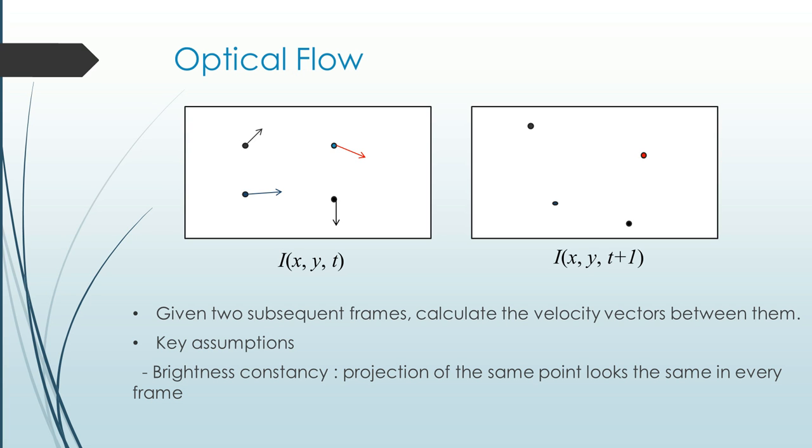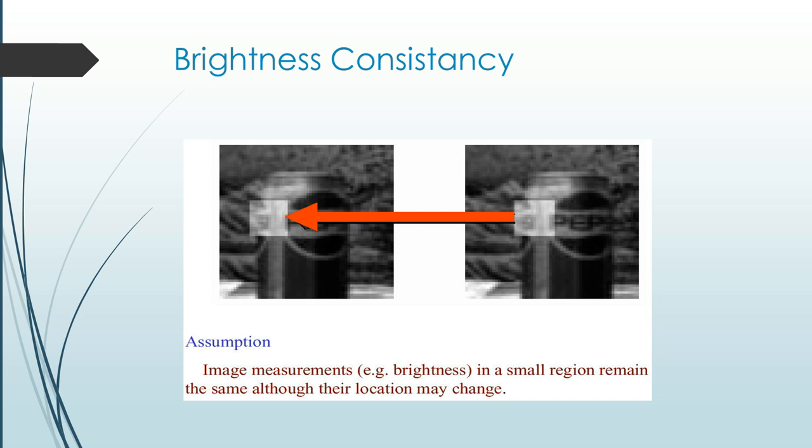So we need to assume that we have a very similar brightness in the particular points that we're trying to calculate. This is an example of brightness consistency. We are calculating the brightness of a small region, and we are assuming that it will stay constant in the next frame.